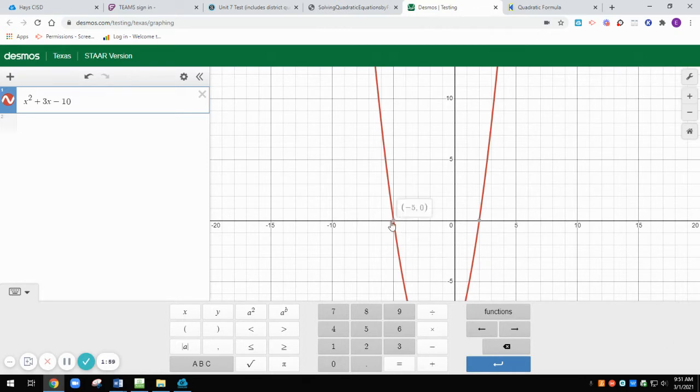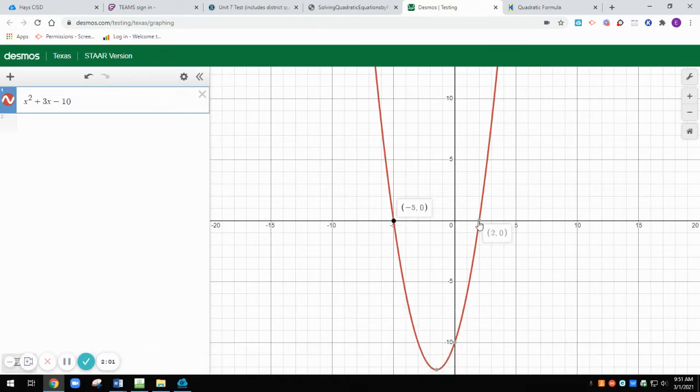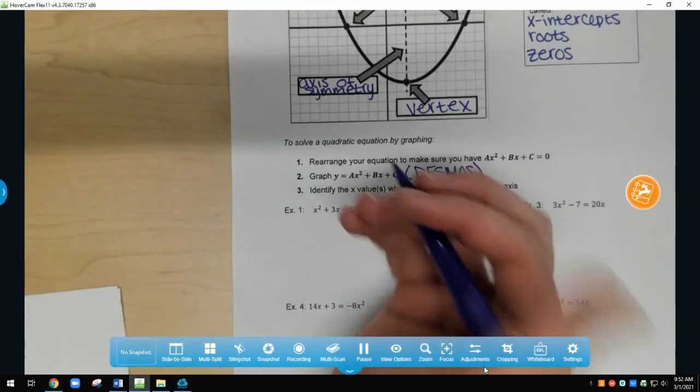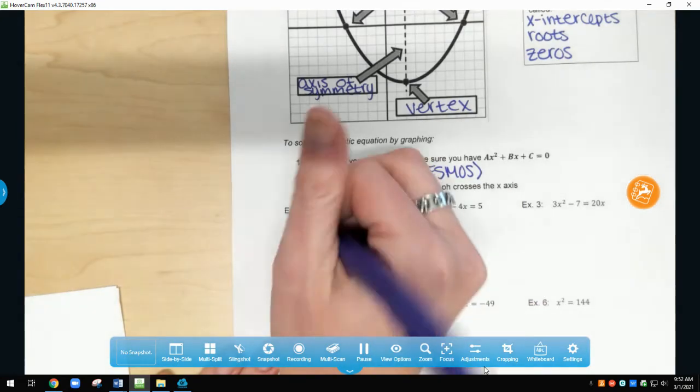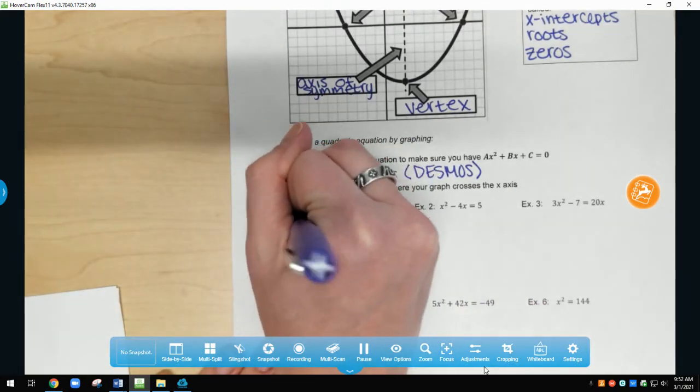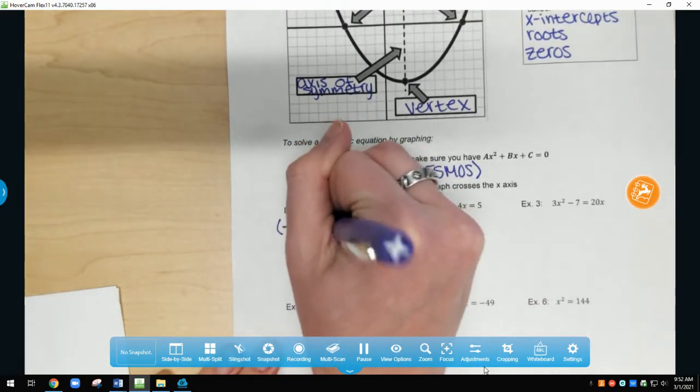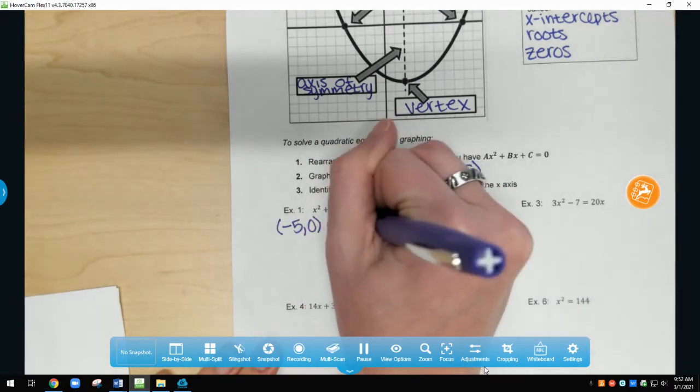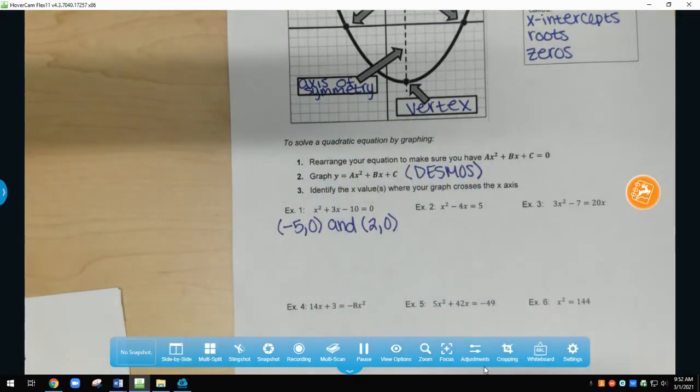Our solutions are where the graph crosses the x-axis, so I'm going to click on those, and I only want the x value. We have two of them. You can write it as the ordered pair, so negative 5, 0 and 2, 0.